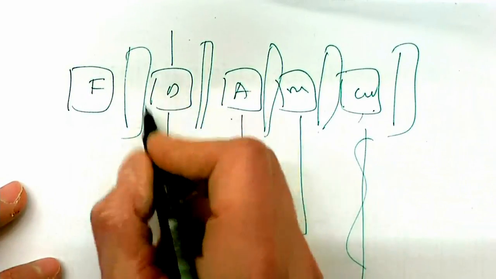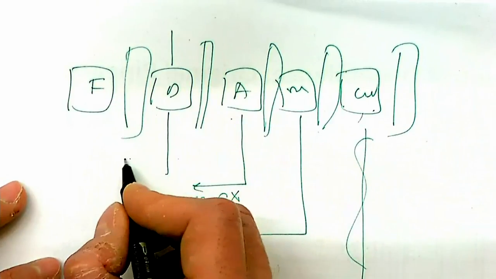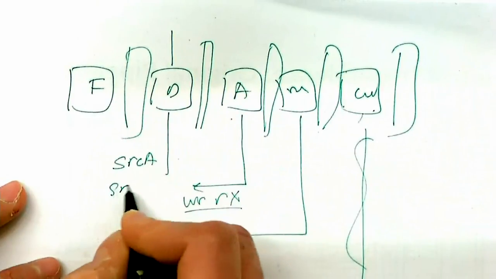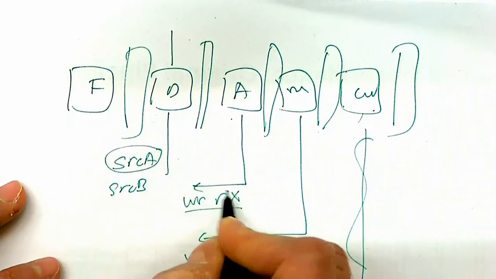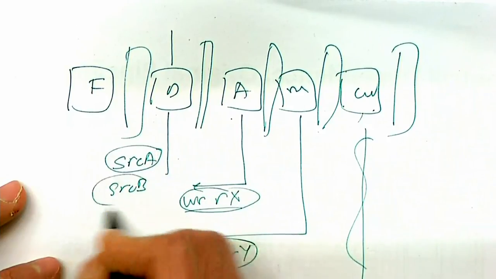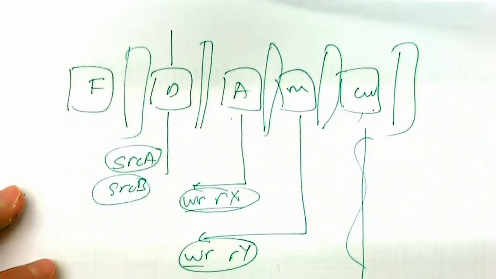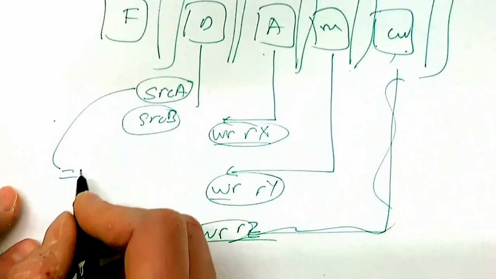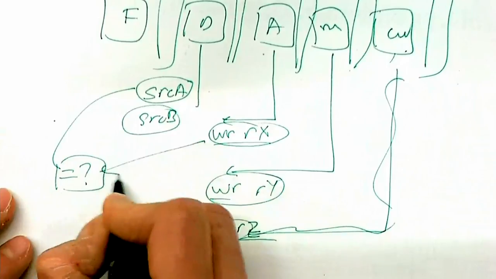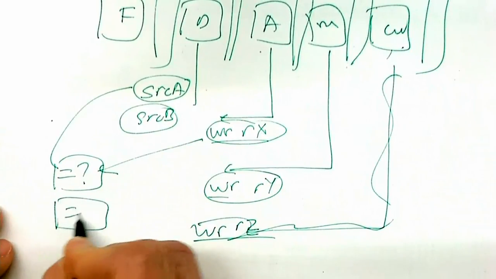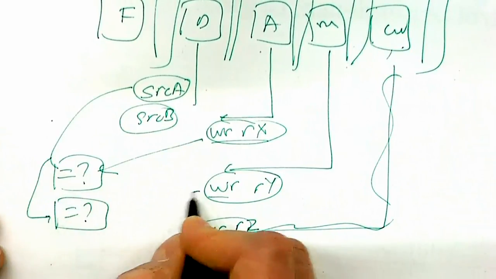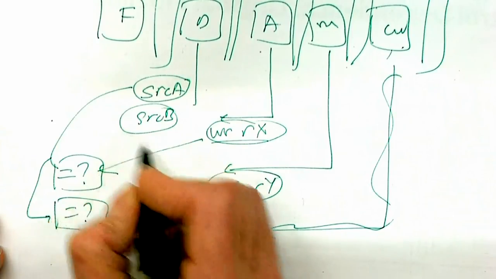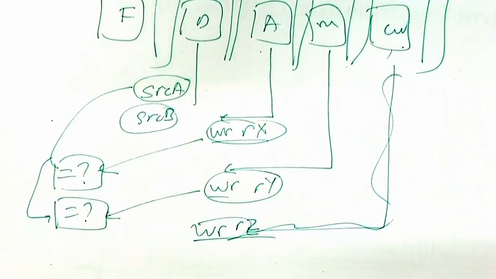Basically, in order to stall this instruction, you need to check if the source register A and source register B somehow equals any of these registers, right? Basically, that's a combinational dependence check logic. And I'll just show you how to build that logic. Is this equal to this? Or this?